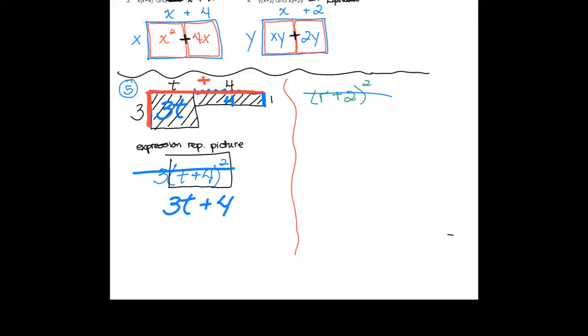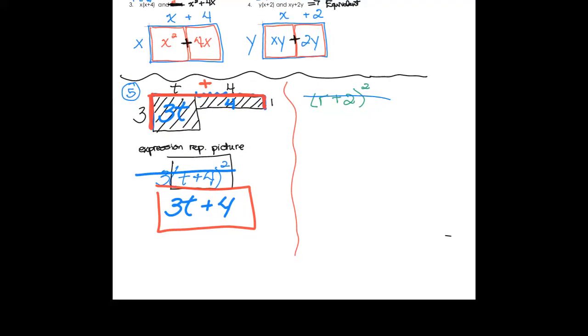No, because over here, we don't have the same length or width, whatever you want to call it. So we can only look at this as a sum of 2 separate areas. So this works, but we cannot write it as a product of length times width. Does that kind of make sense?